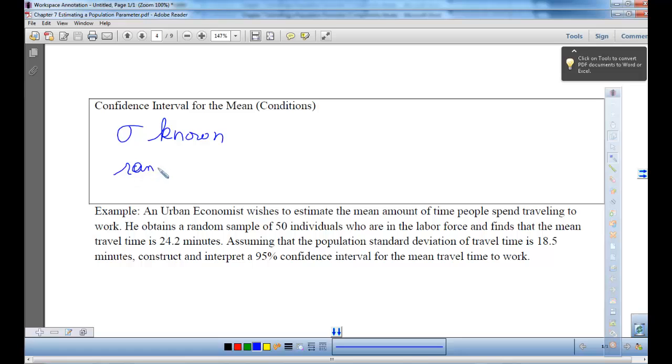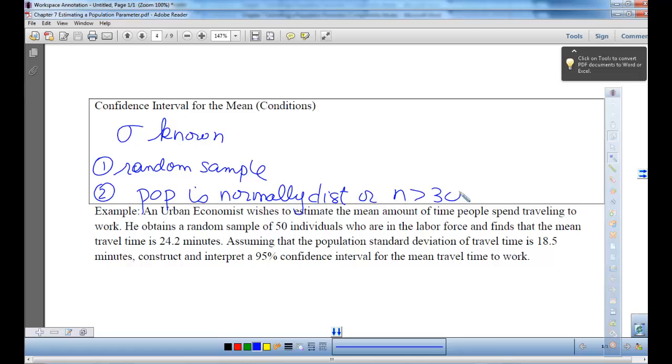So just random sample, which we always do, or assume anyway. And the second condition is either the population is normally distributed or n is greater than 30.